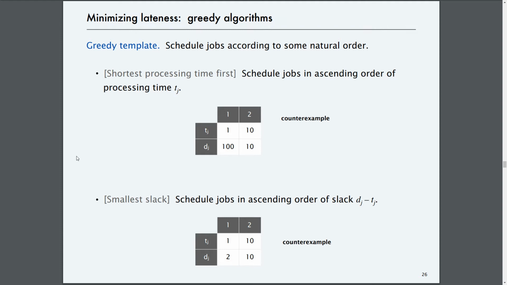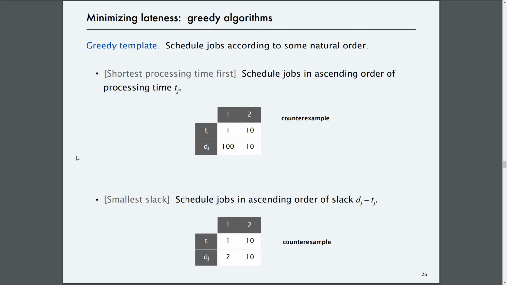So a counterexample to shortest processing time first is we have two jobs. The first job takes 1 unit of time to run and is due at the 100th time unit. The second job takes 10 units to run and it's due at the 10th time unit.